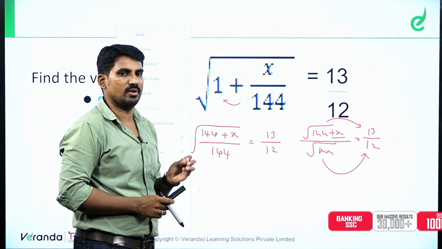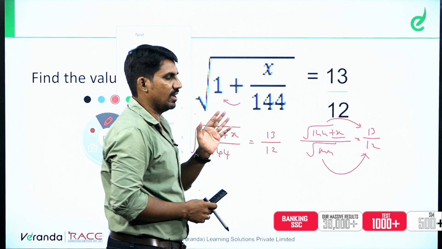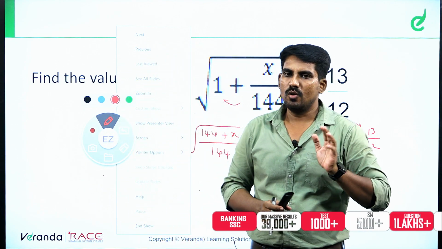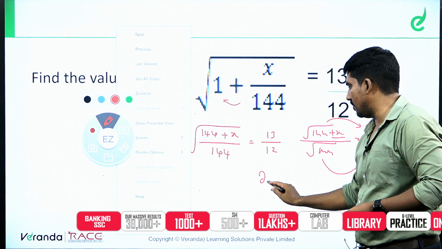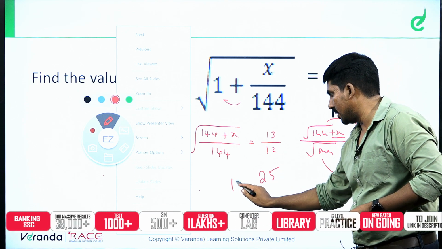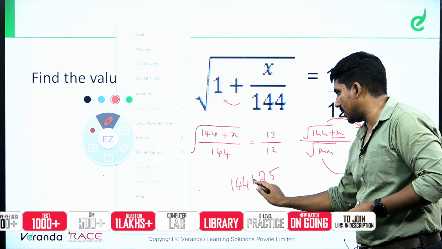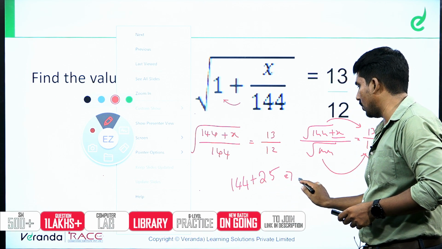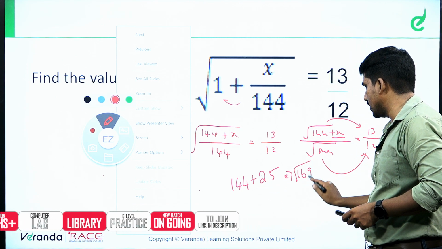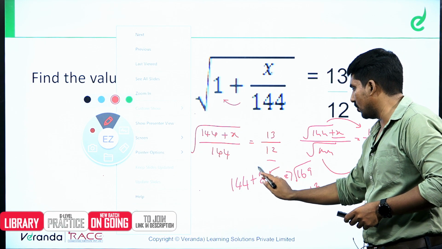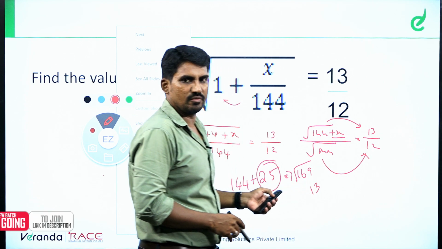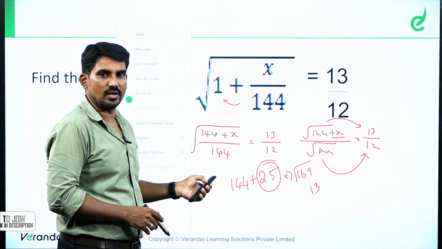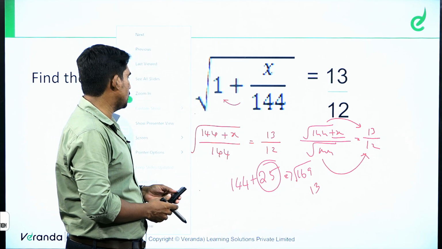That is the value of x. 144 plus 25, we get the number 169, whose root is nothing but 13. Therefore, what is the x value? 25. X value is 25. Clear this?